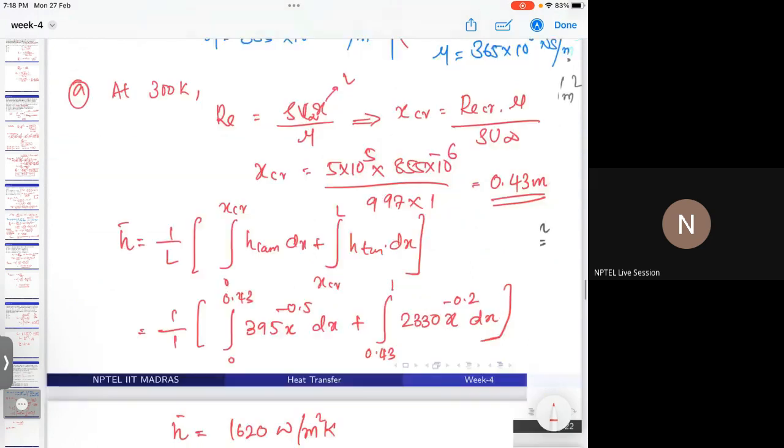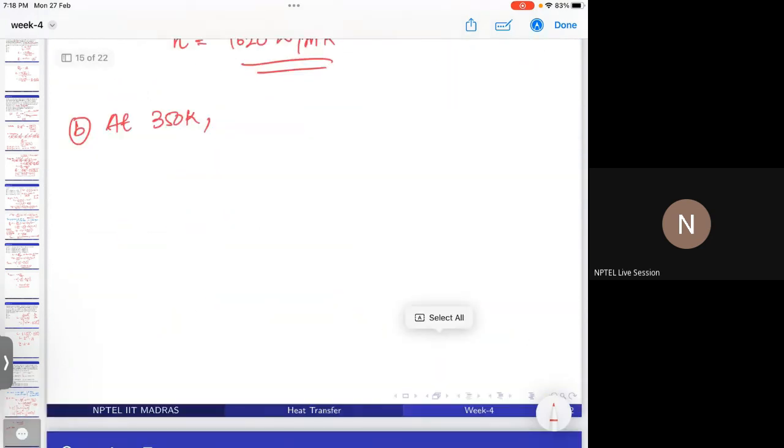You can find the Reynolds number, and for this question it will be above the critical Reynolds number. So you can say that there is a laminar and a turbulent regime. Then you have to find out at what length this transition happens.